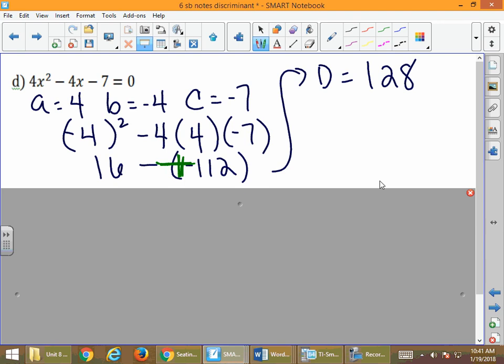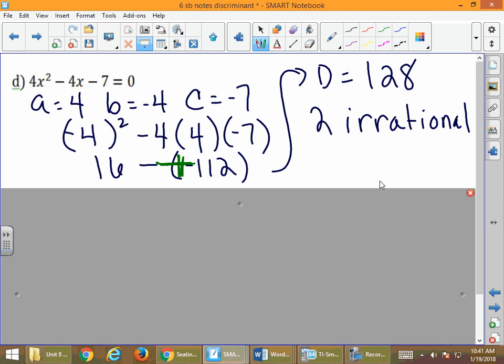How many answers are we going to get? Well, 3/4 chance there, 75% chance right. 3 out of the 4 give you 2. There's only one situation where you get one answer. 2. Are these going to be rational or irrational? It's going to be irrational. 128 is not a perfect square.